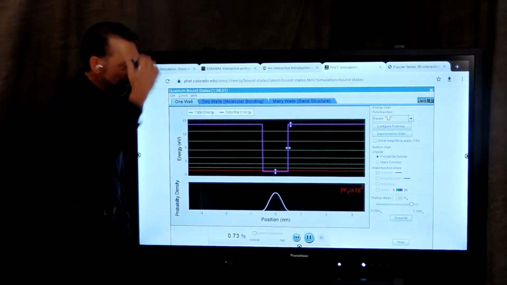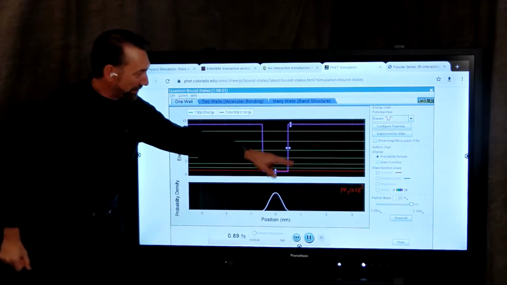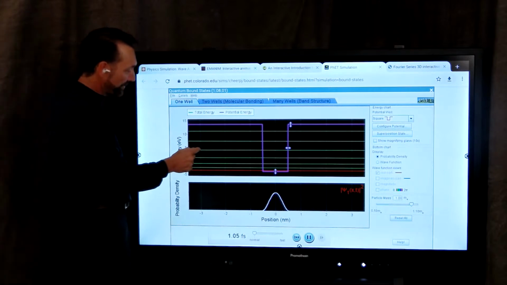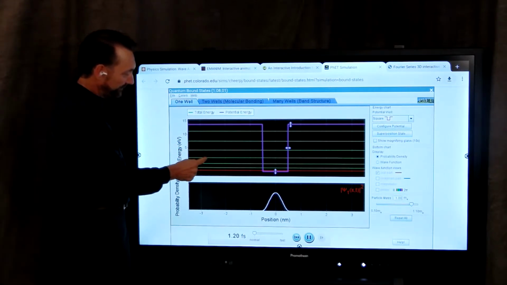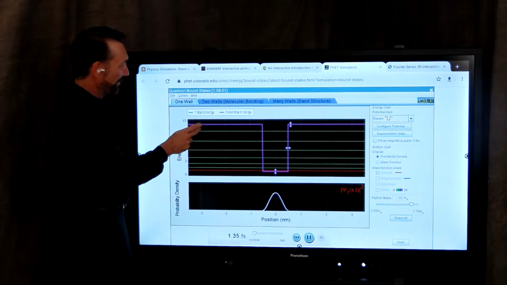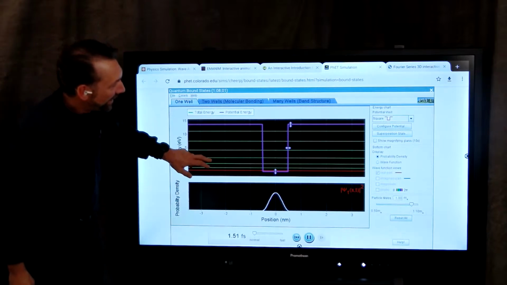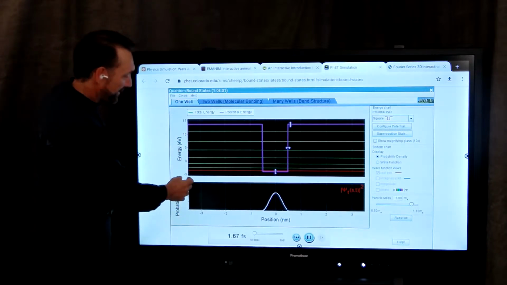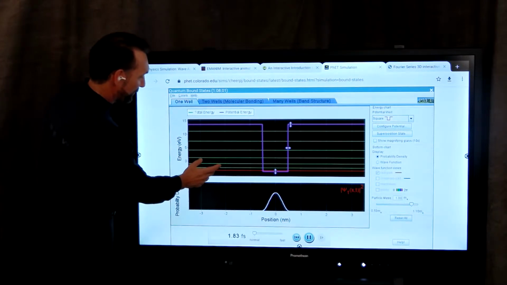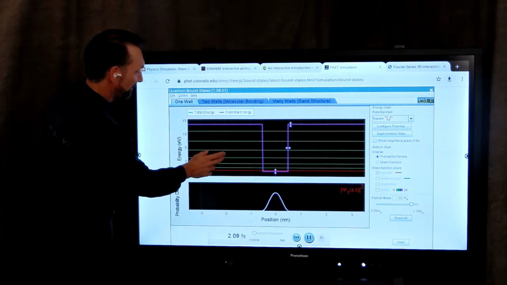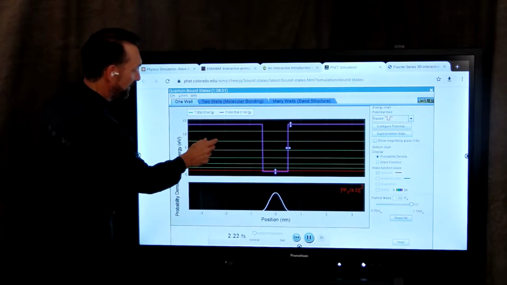You guys can play with this. The green lines are the energy levels, and when you play with it, you can just click on them, and it will show you the various wavelengths. I think it's just the screen isn't touch sensitive enough for me to activate an energy level.